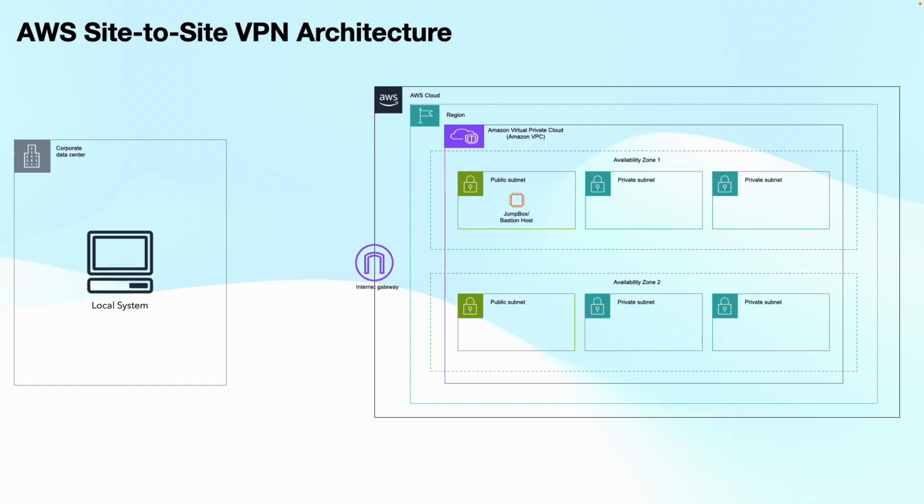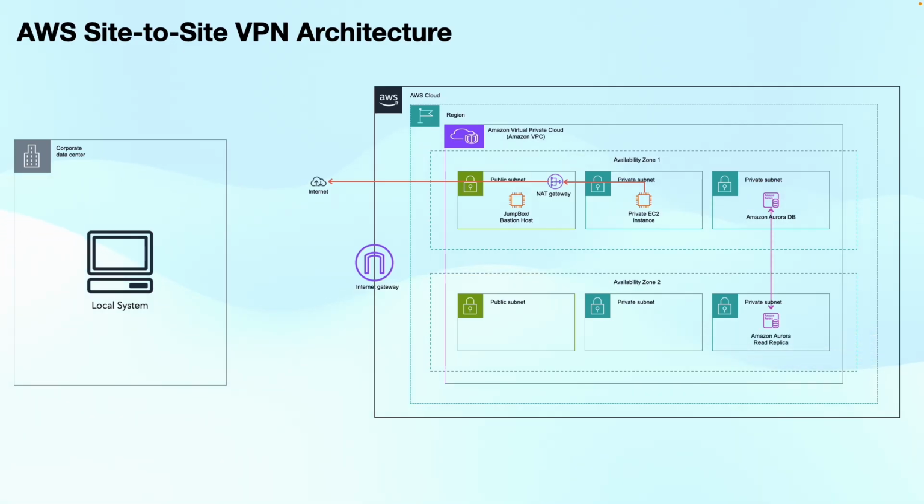So in this architecture, I have created a Bastion host or jump box in a public subnet, a private EC2 instance on a private subnet with no public IP address, and an Aurora database on a private subnet.